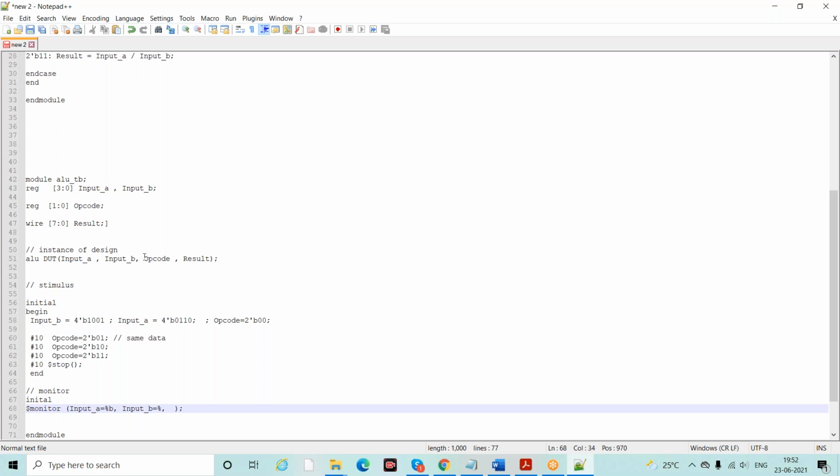And we can also display opcode, that is percentage of B. And finally, we want to display the result, that is also percentage of B. So this is the parameter list.